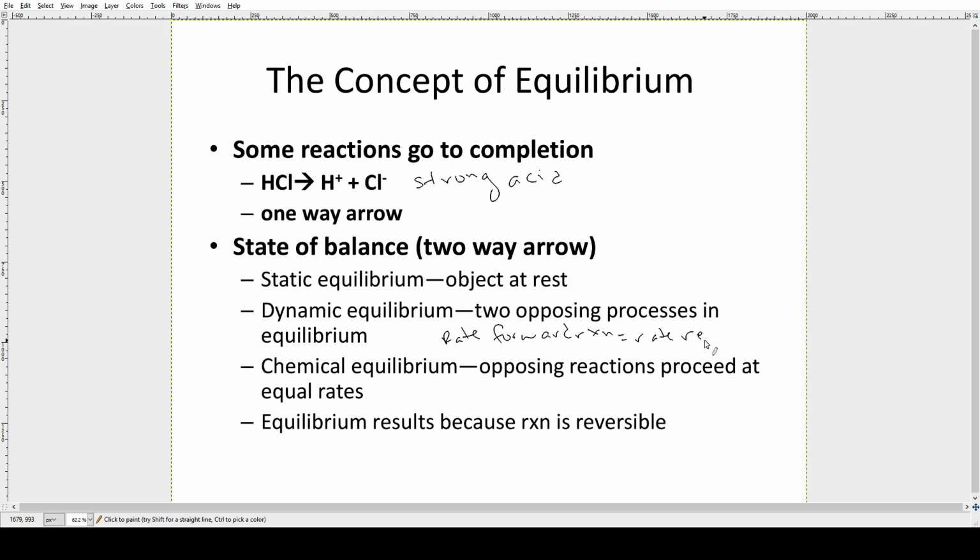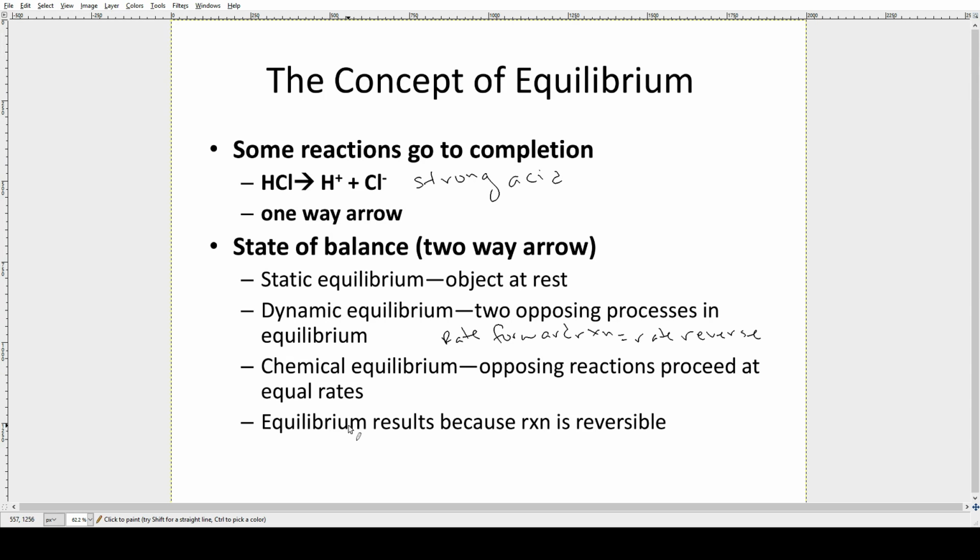Oh well, you get the idea. This does not mean that the forward reaction is going to stop and the reverse reaction is going to stop. It means that the forward reaction is going to go just as fast as the reverse reaction. They're both still happening.